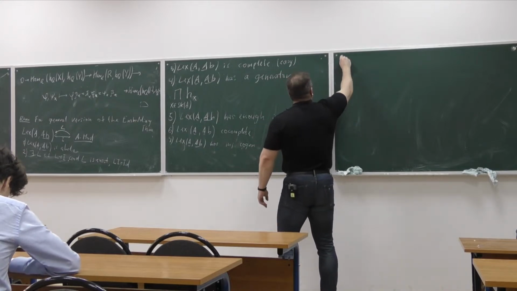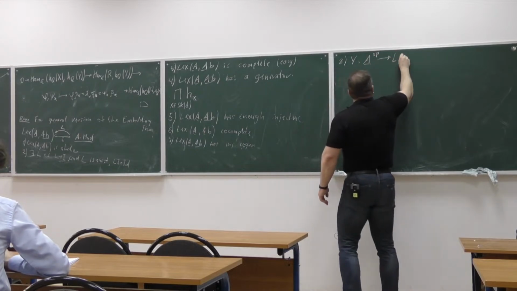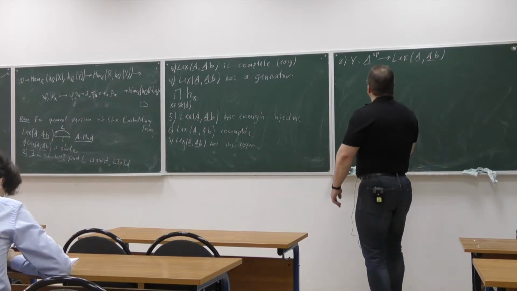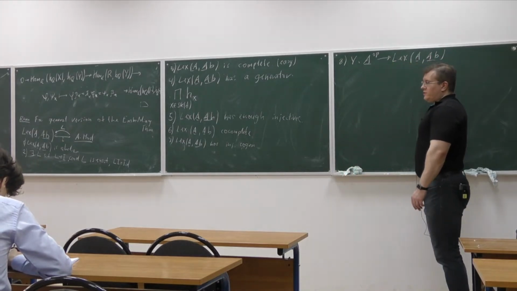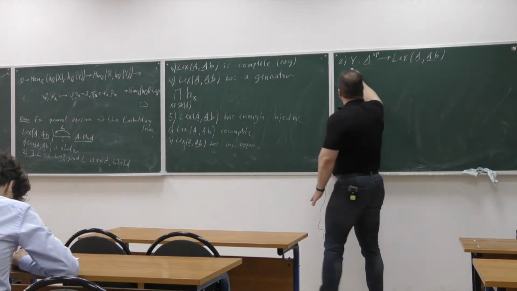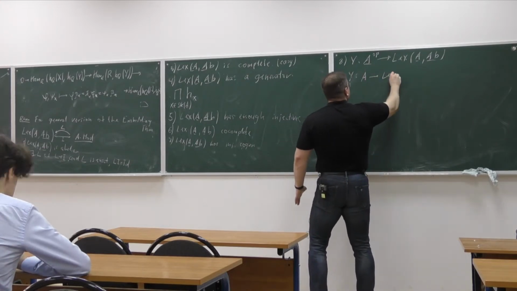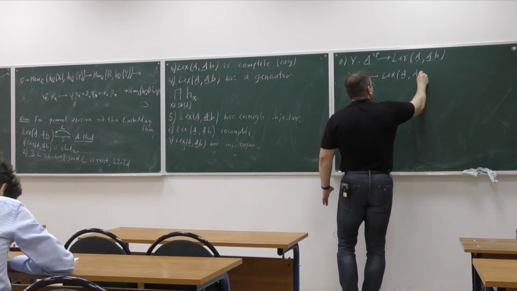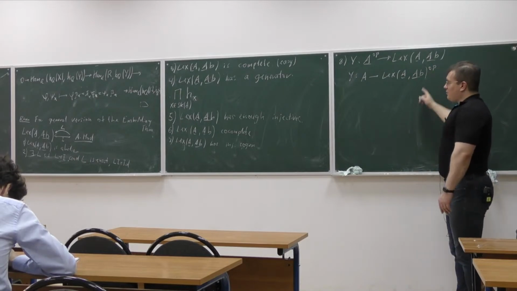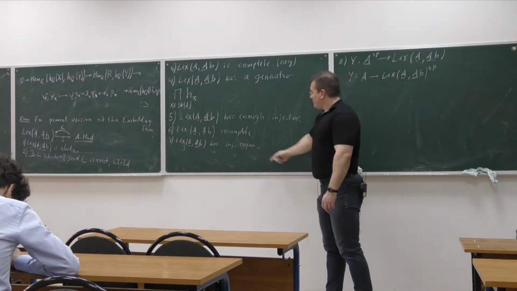So then we look at the unit embedding from the opposite category of A to Lex, the standard unit embedding. Then you can as well consider the same unit embedding as a map from A to Lex(A, AB) opposite. That's the same functor. But now, in Lex, we have completeness, co-completeness, and an injective co-generator.